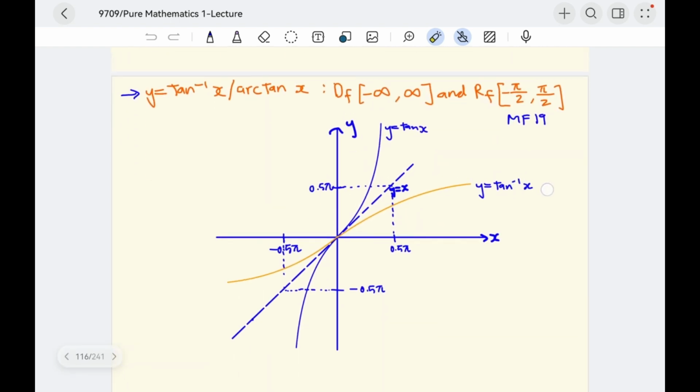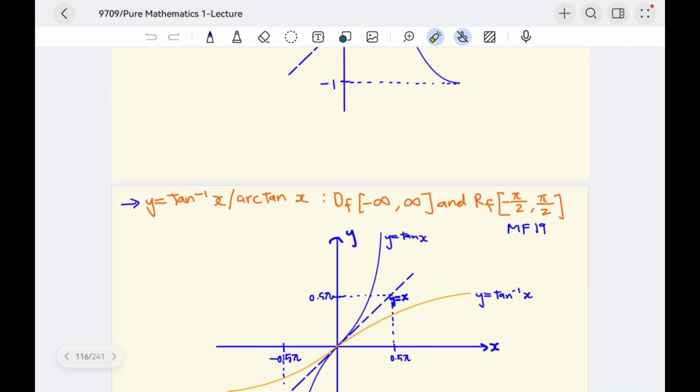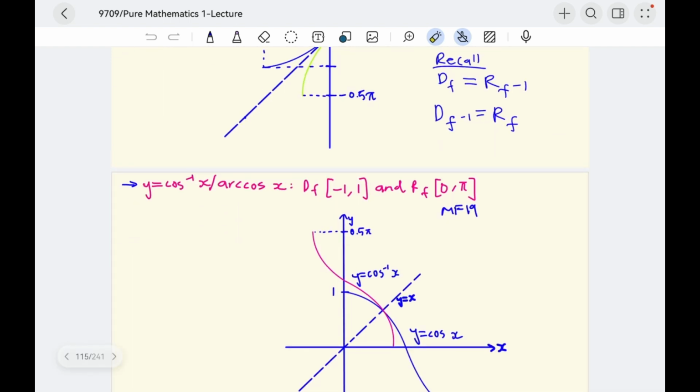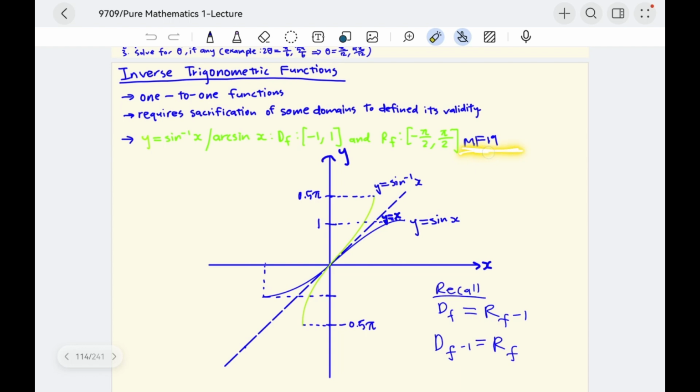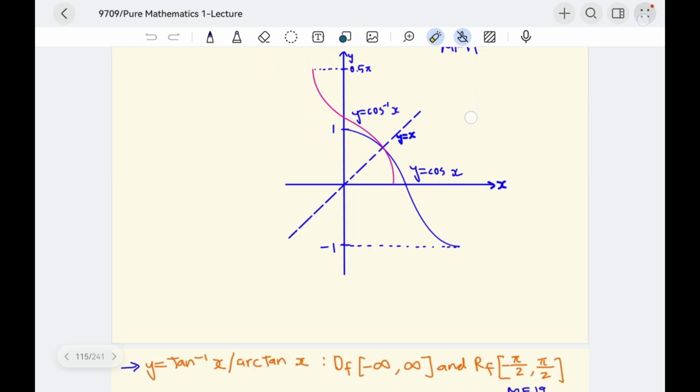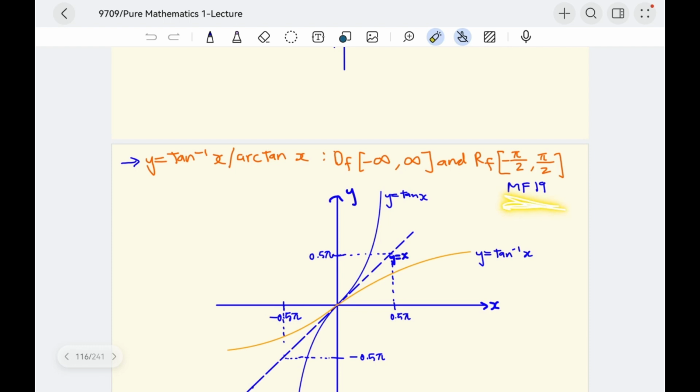So many students think that inverse trigo is very tough. However, no worries. As long as you know its domain and range to draw its graph, you can refer to your MF19. So no worries if you don't have the idea to answer questions regarding inverse trigonometry.